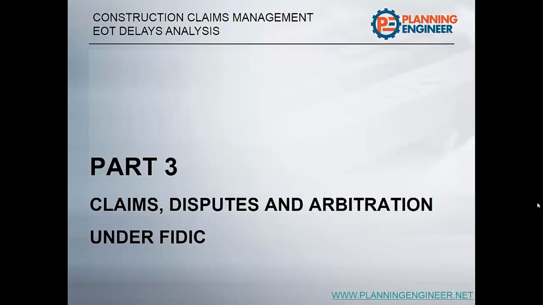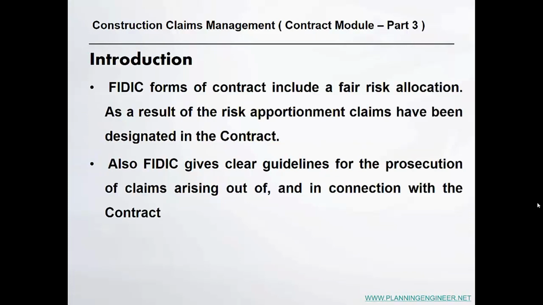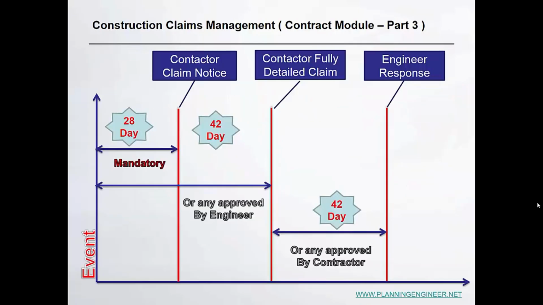Part 3 is about claims, disputes, and arbitration under FIDIC. We just want to highlight that the FIDIC form includes a fair risk allocation, and it gives clear guidelines for the process, or how to raise a claim and how to communicate with the other parties when it comes to a claim.